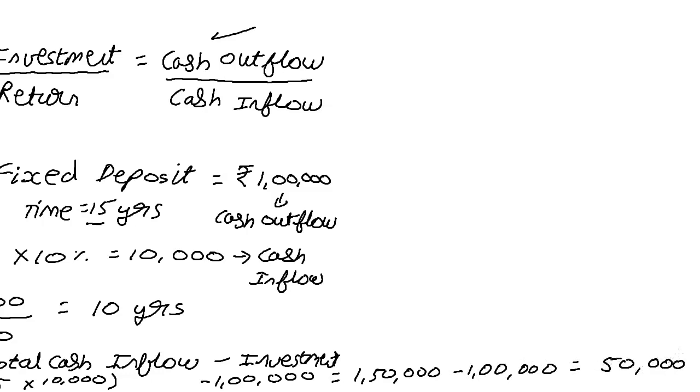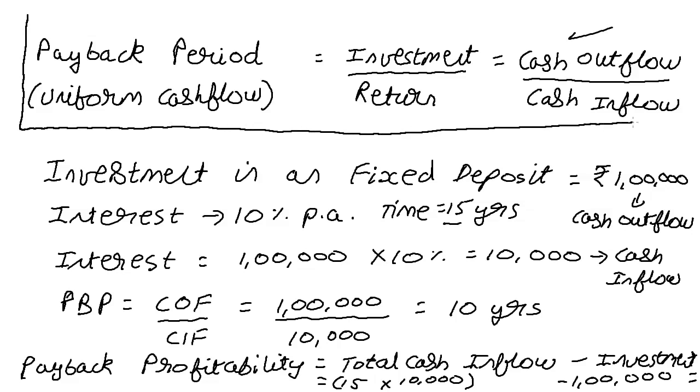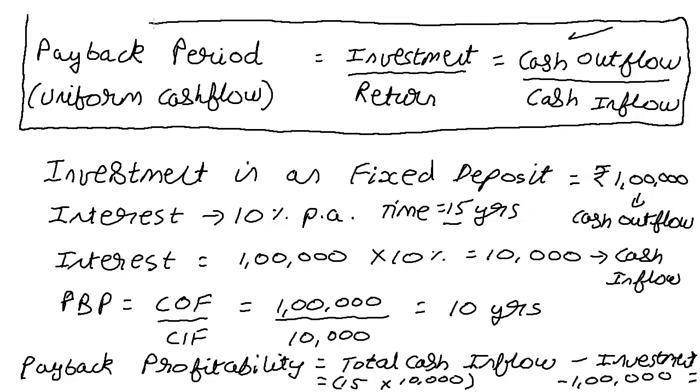Now, the formula that we have just seen, where we calculate payback period, assumes uniform cash flow, which we can think of as investment upon return or cash outflow upon cash inflow. But in reality, if you are buying shares, if you are setting up a project of your own, running your own business, you're not going to get the same amount of money, something like 10,000 rupees every year.